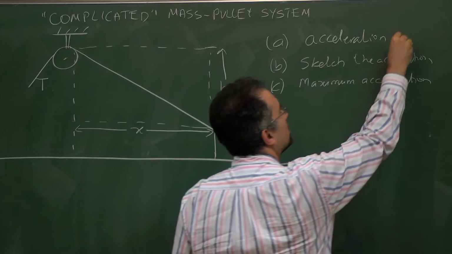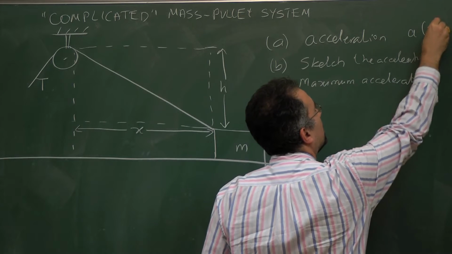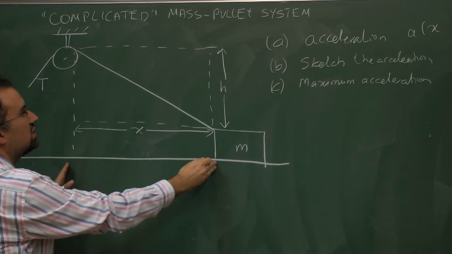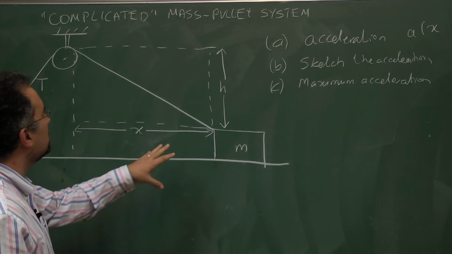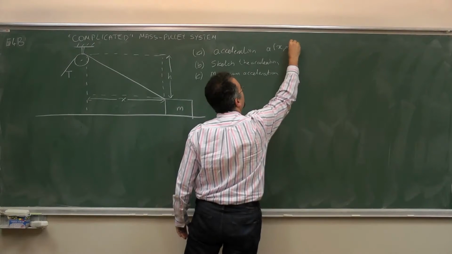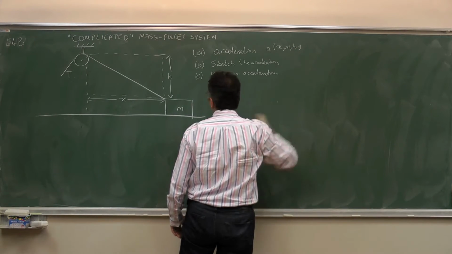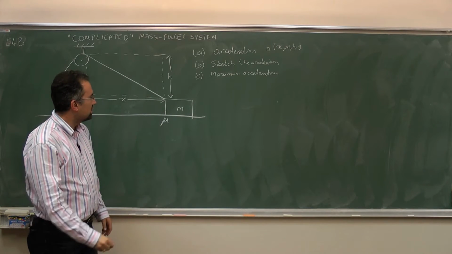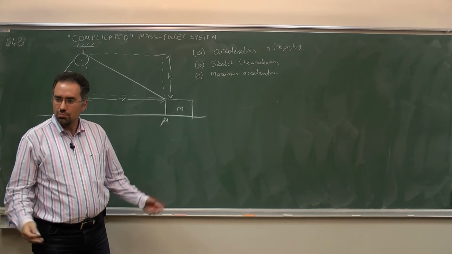In finding the acceleration, we'll try to find it as a function of x, where x is this distance. And of course, other given constants, so it's going to be a function of x, m, h, g. And we also have kinetic friction here, mu.